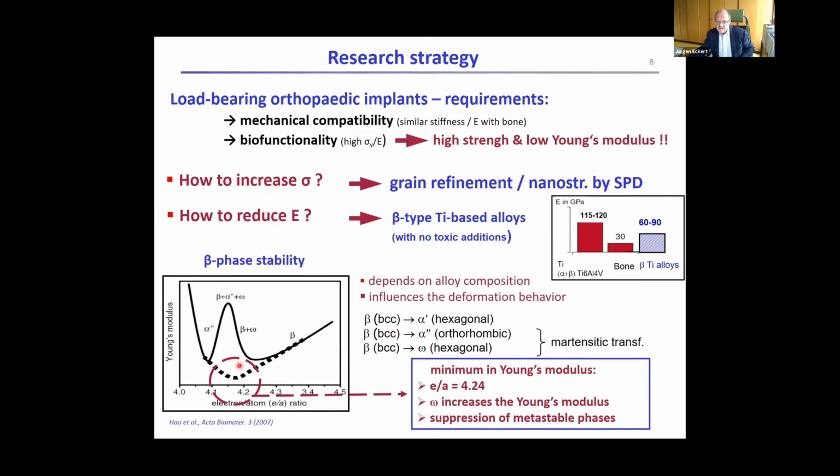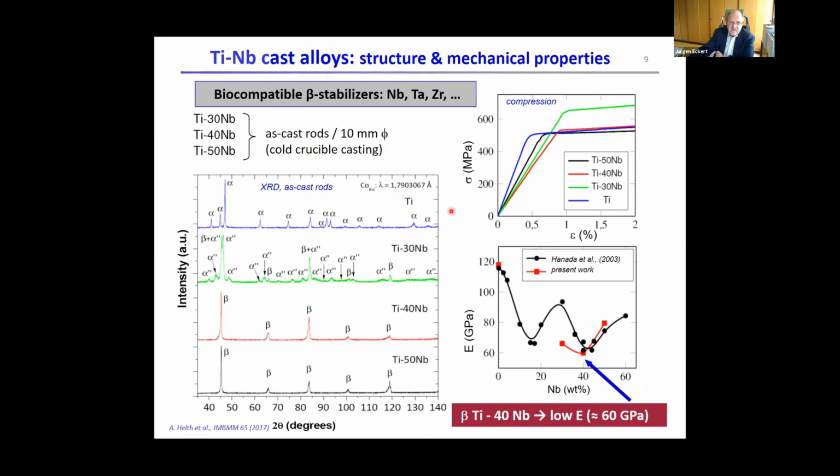And as this picture already suggests, you can do this in titanium niobium alloys, for instance, if you vary the composition ratio. Just to give you an idea how this looks like, what you then typically do is you cast alloys, for instance, in our case, 10 millimeter diameter rods by a little bit special technique to keep the purity high.